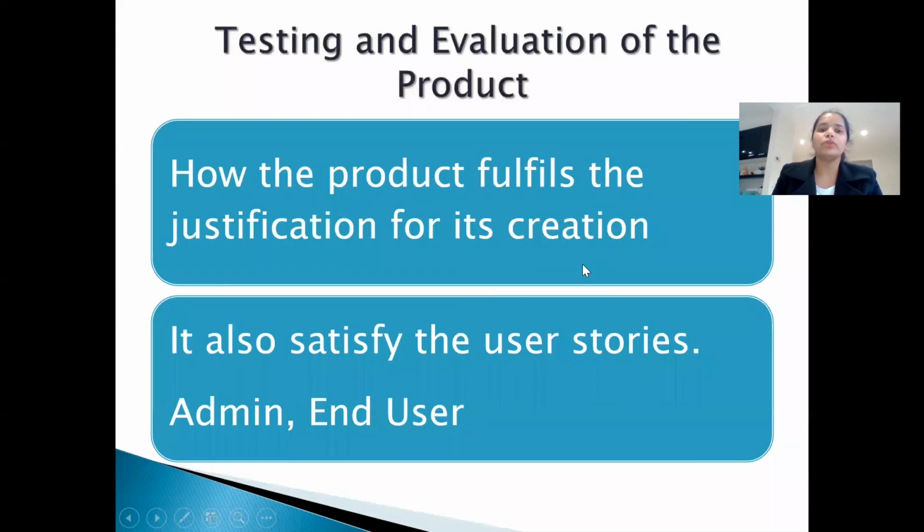So now I am going to explain how the product fulfills the purpose for its creation. This product is developed for the outdoor education team, so that they can use this product to identify the hazards.